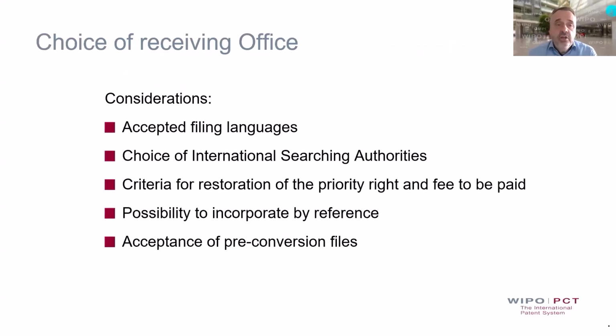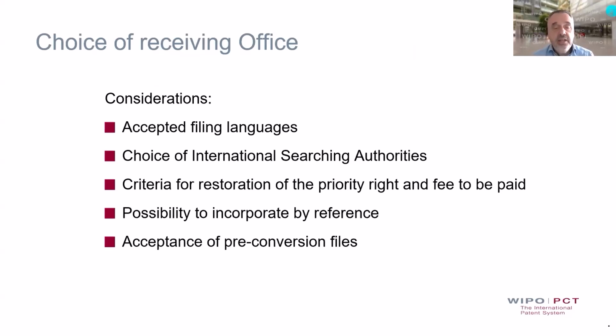So when you consider choosing a receiving office, I guess it's often a question of convenience and what you're familiar with. Filing language will obviously play a large role. If you're interested in particular searching authorities, you might also think about which RO to file with, because the choice of ISAs is basically bound to the choice of which RO you are using.